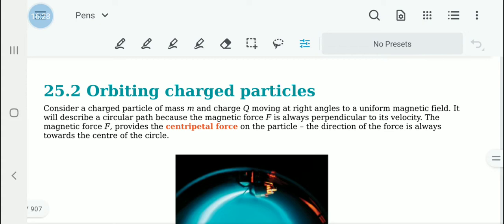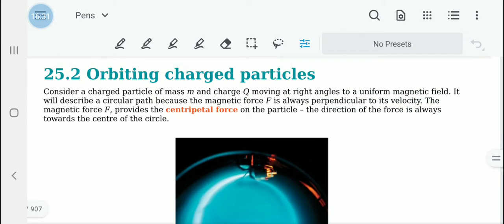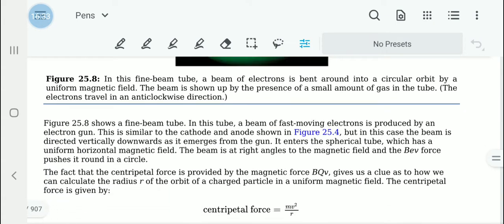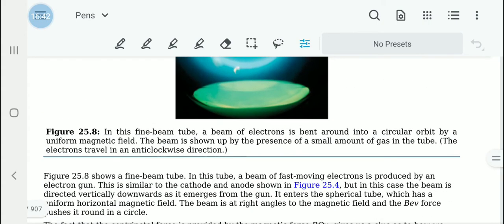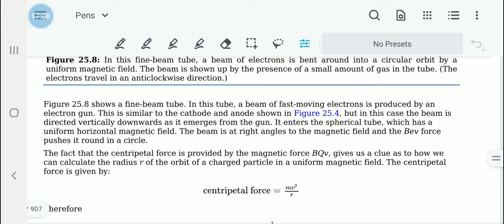The force F provides the centripetal force and would always act towards the center of the circle. Using a beam tube, we can observe this phenomenon, and it would provide us the following relationships.